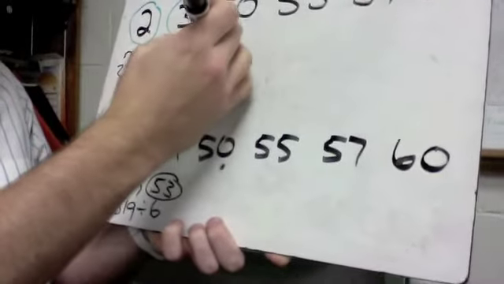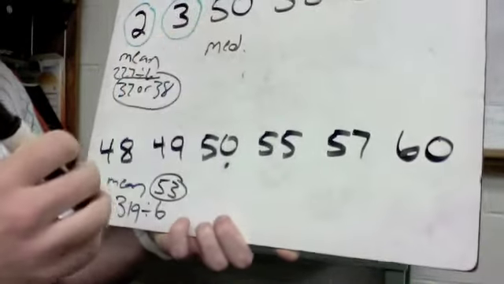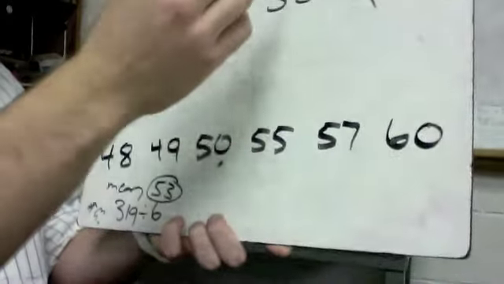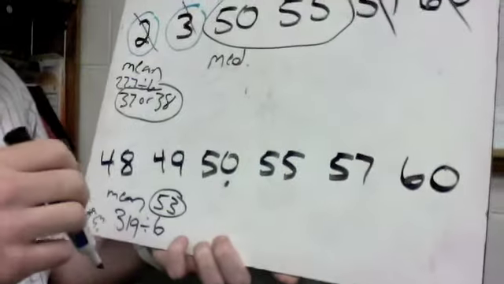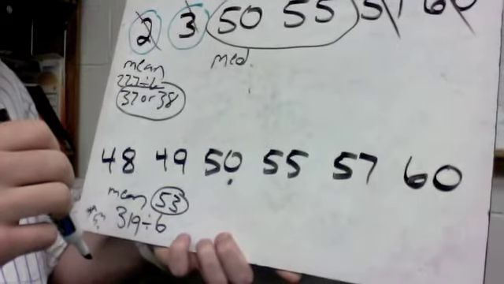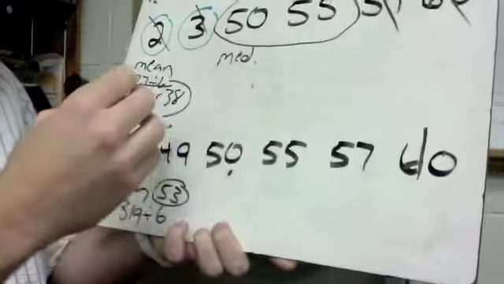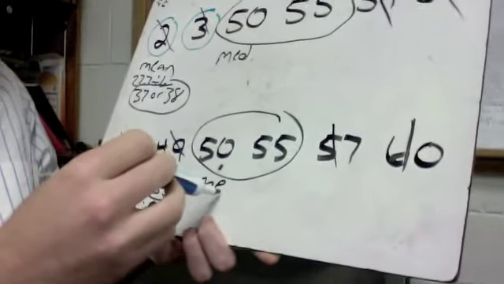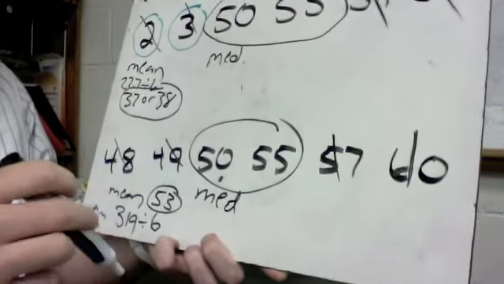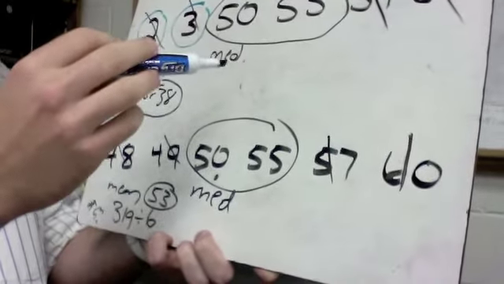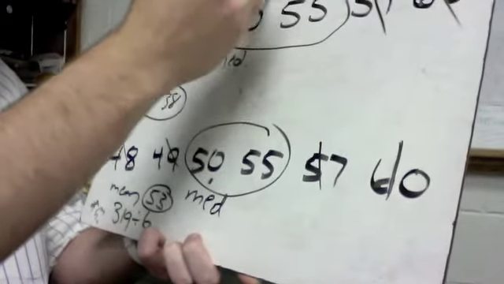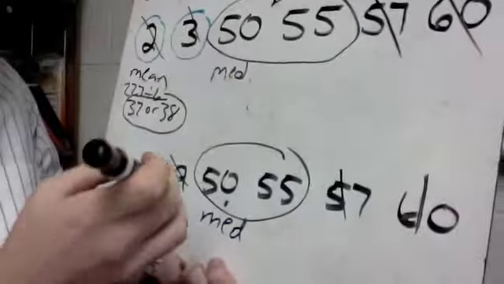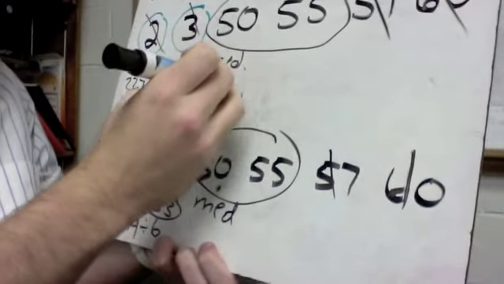Now if we go to the median, I need a middle number. So we'll cross out here, cross, cross, 2 middle numbers. If this 2 middle numbers thing happens, and it's going to happen down here too, I just need to find the middle of these 2 numbers. Between 55 and 50 exactly is going to be 52.5. So my median here is going to be 52.5.